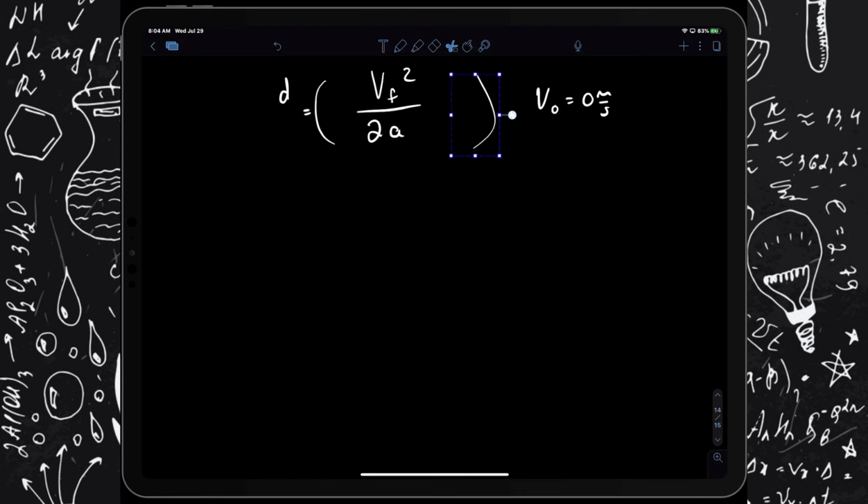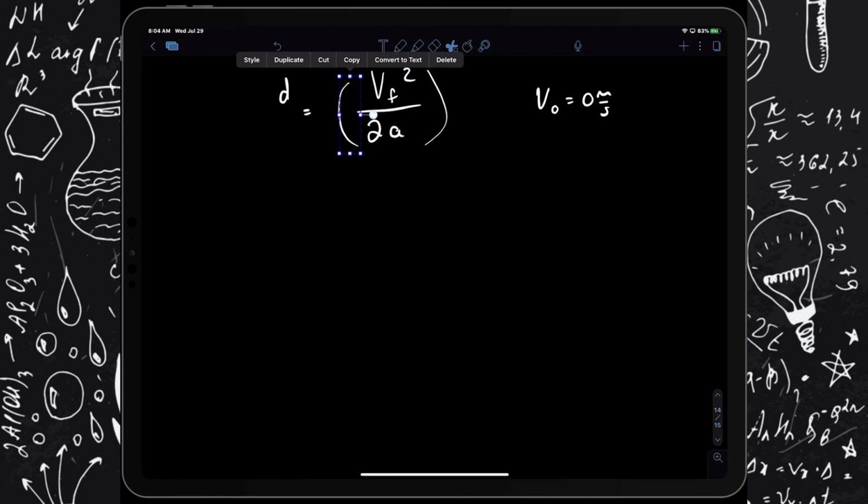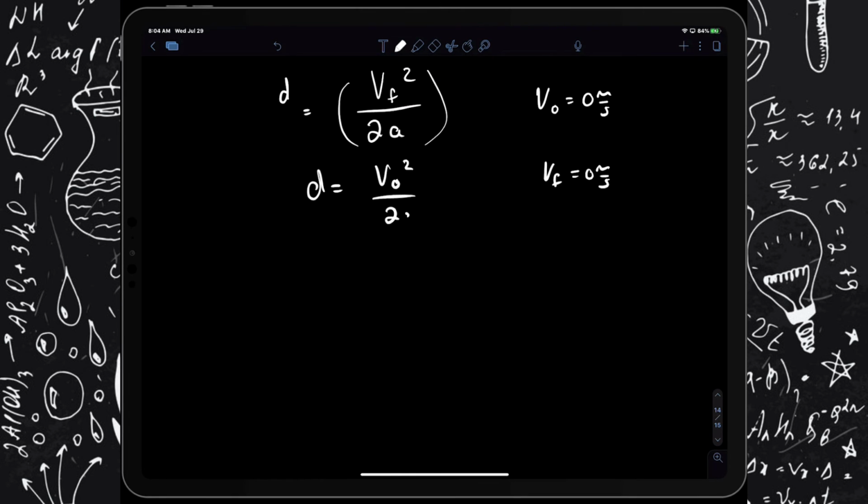I know that's kind of a crude way of showing you, but if you write down on your equation sheet that VO equals 0, then you can use that formula. Then you're not going to have a problem with rearranging things. And likewise, if we said VF was 0 at first, then we would just change this to VO squared divided by 2a.